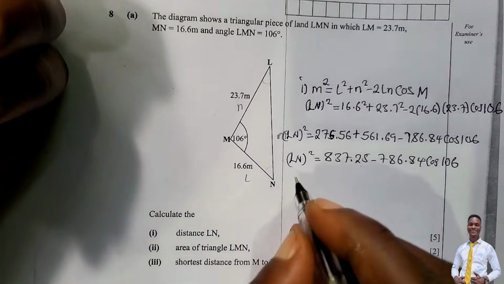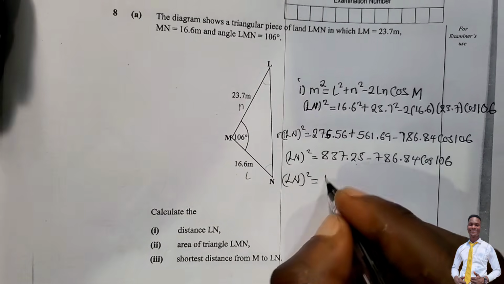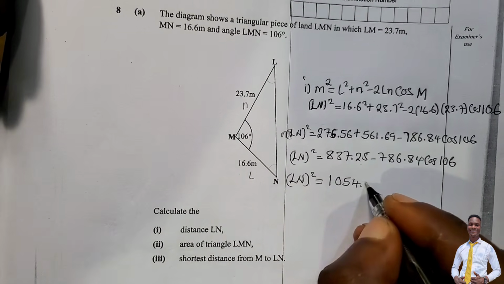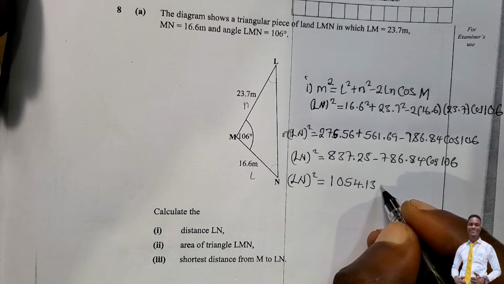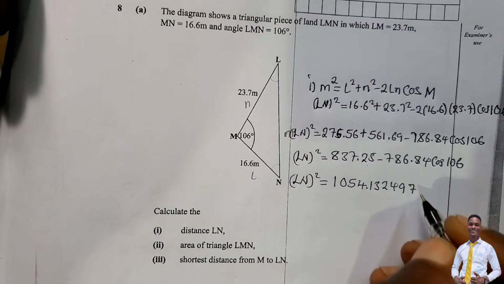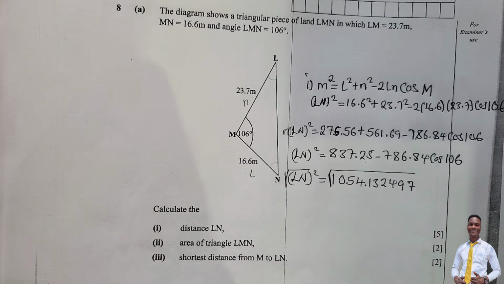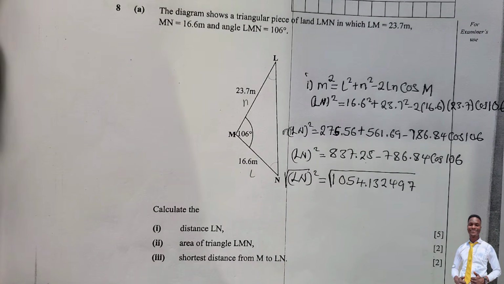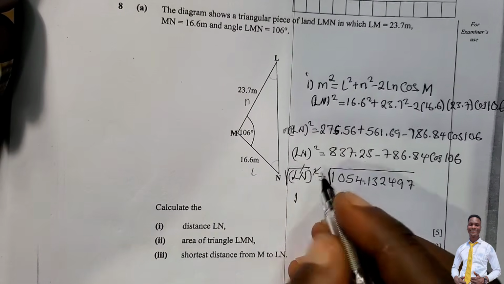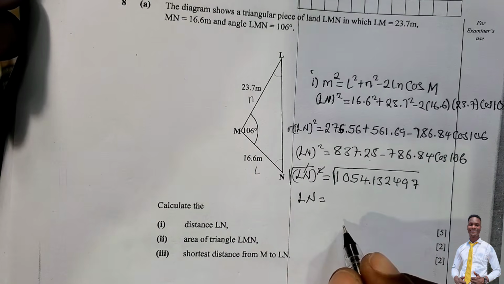This is giving me, so we have LN squared is equal to 1054.132497. At this stage we're going to square root both sides. When you square root, this and this will cancel, we just remain with LN is equal to the square root of this one.